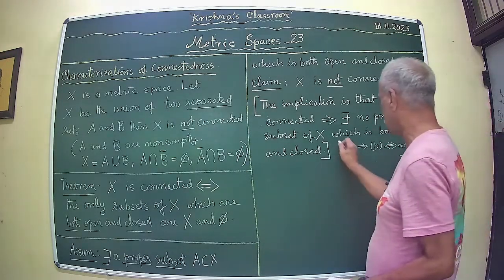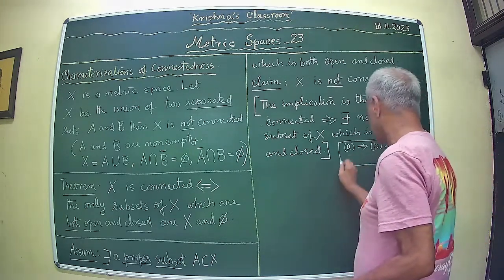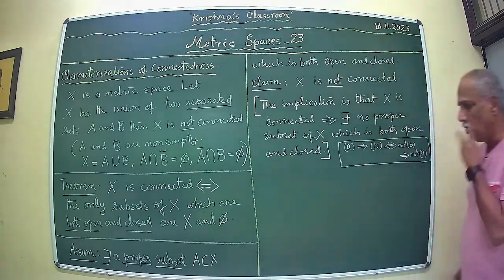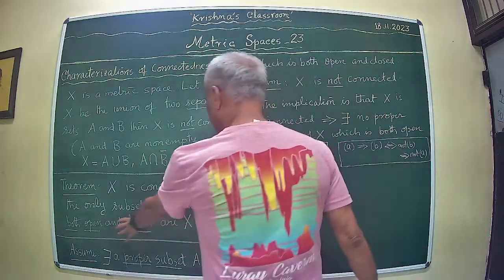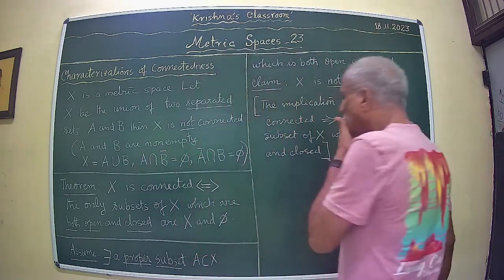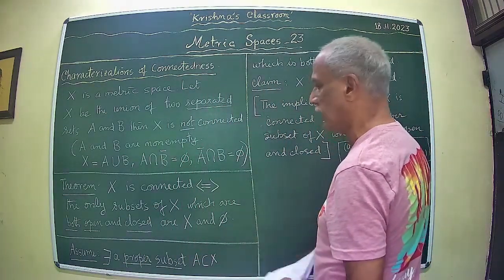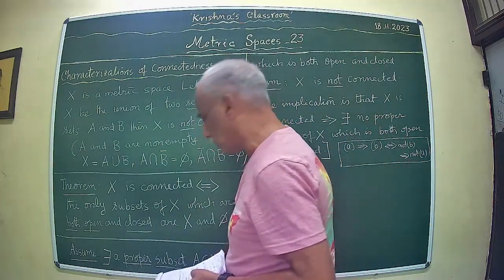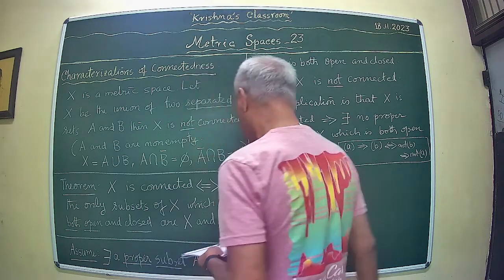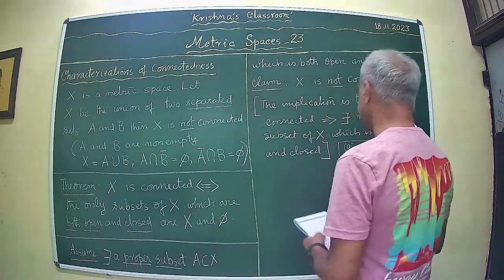Okay, so this is the strategy. We have assumed the negation of the second part of the statement, specifically that there exists a proper subset of X which is both open and closed.